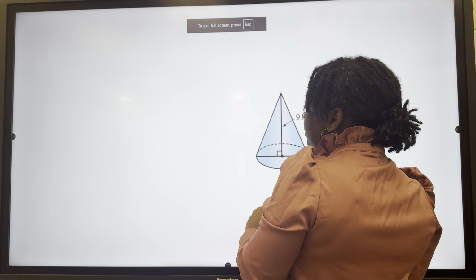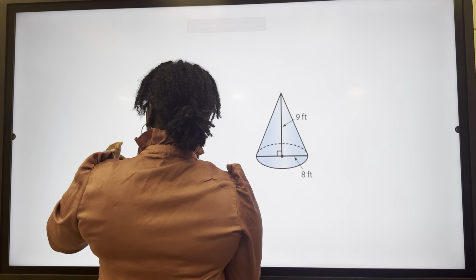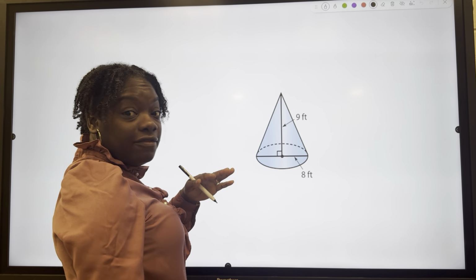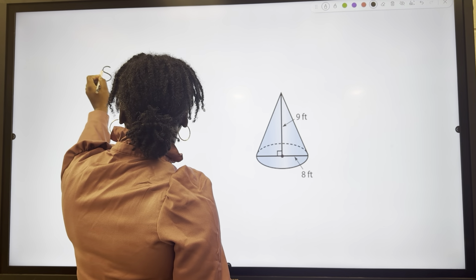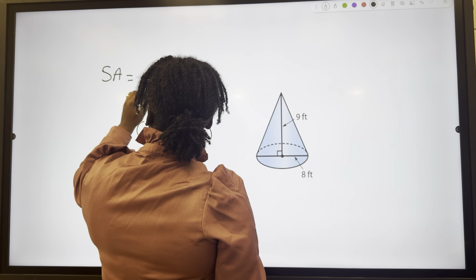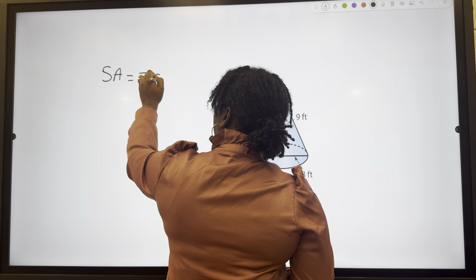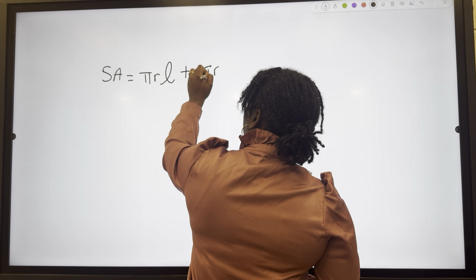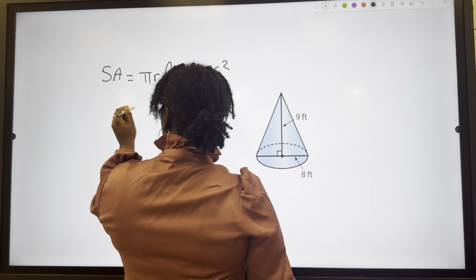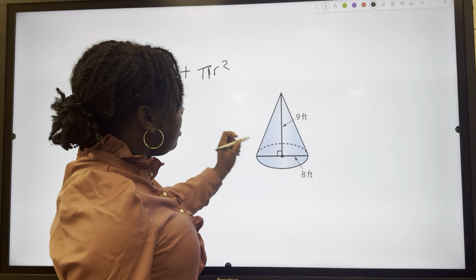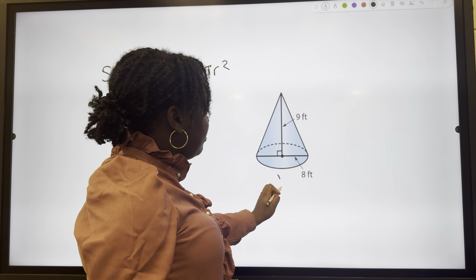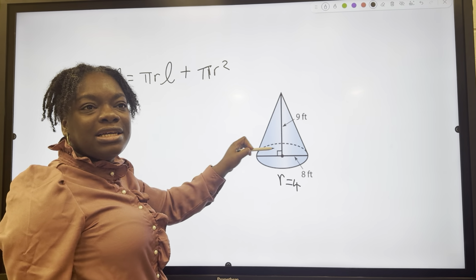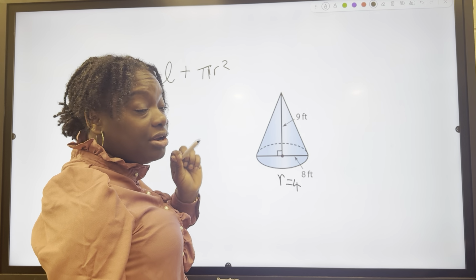All right, now we're going to go to our next example. Remember, we said that the surface area of the cone is pi r L plus pi r squared. So let's plug that in. In this case, my r is equal to 4, which is half of the 8, because in this one they gave us the diameter and not the radius.